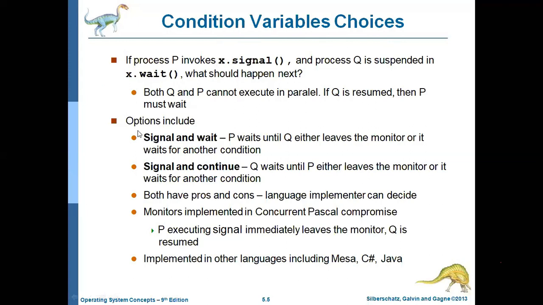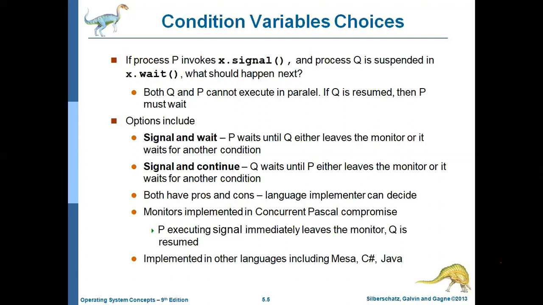So here, what are the options included in that? Signal and wait, and signal and continue. Signal and wait means P waits until Q either leaves the monitor or it waits for another condition. That is signal and wait. So P waits. Until when? Until Q leaves the monitor.